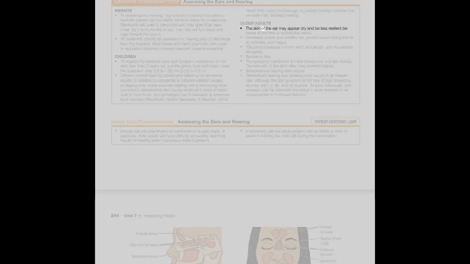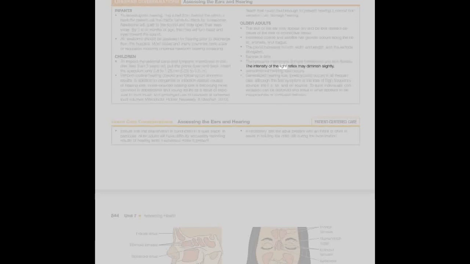Older adults. The skin of the ear may appear dry and be less resilient because of the loss of connective tissue. Increased coarse and wire-like hair growth occurs along the helix, antihelix, and tragus. The pinna increases in both width and length, and the earlobe elongates. Earwax is drier. The tympanic membrane is more translucent and less flexible.